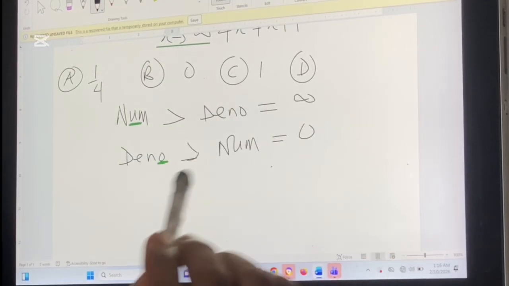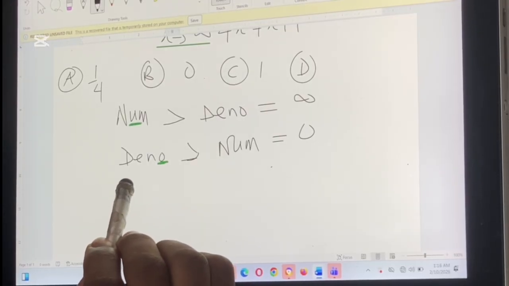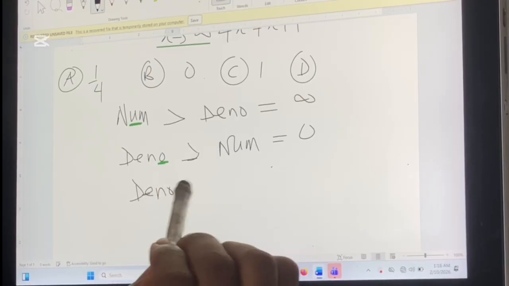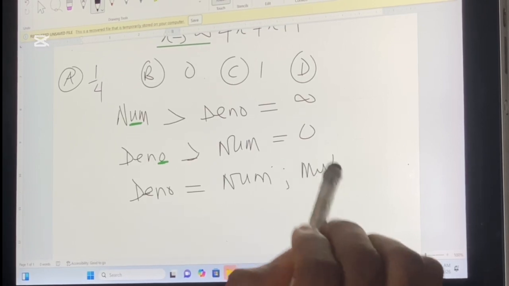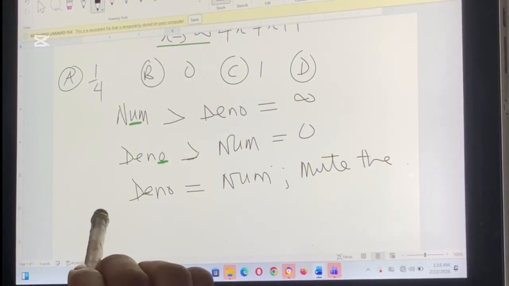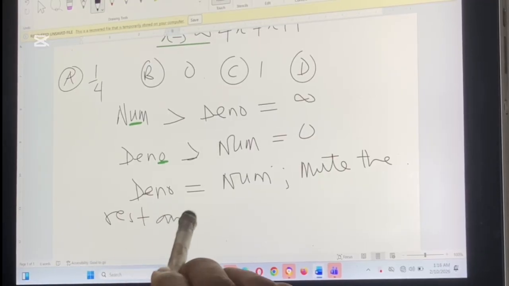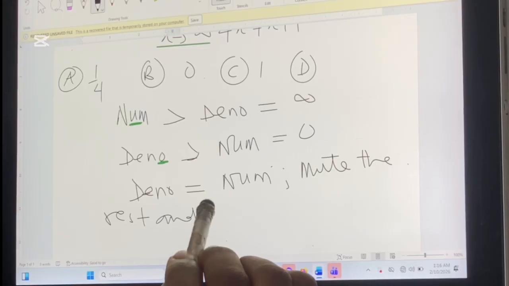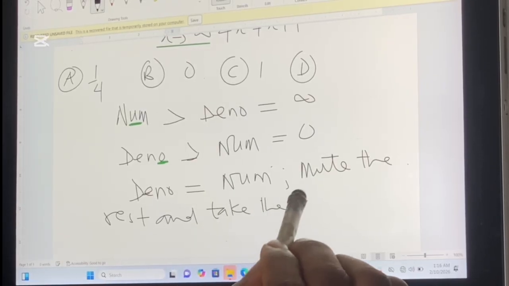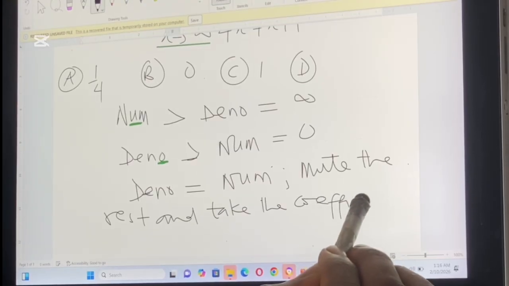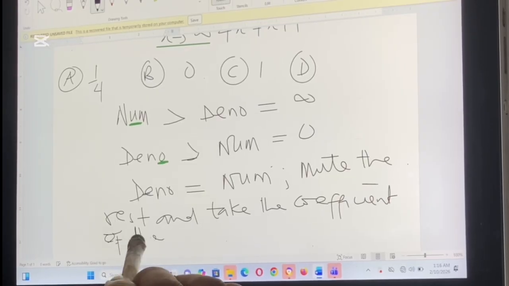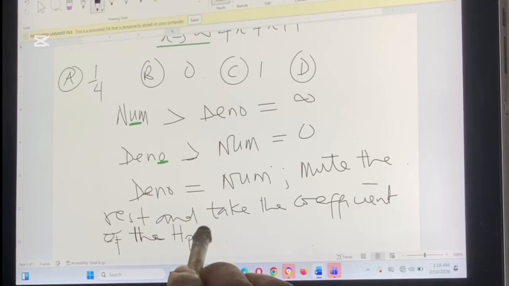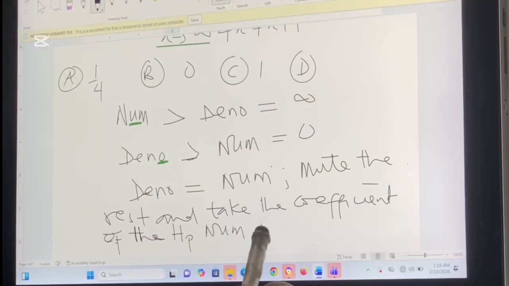The last condition: if the highest power at the denominator is equal to the highest power of s at the numerator, we mute the rest and take the coefficient of the highest power at the numerator and the highest power at the denominator.